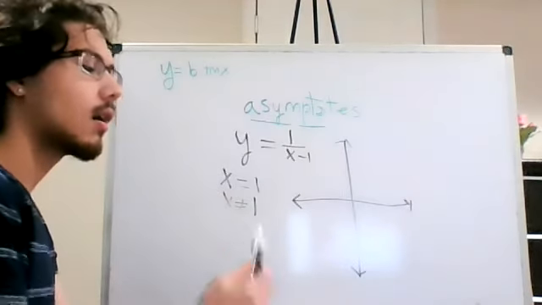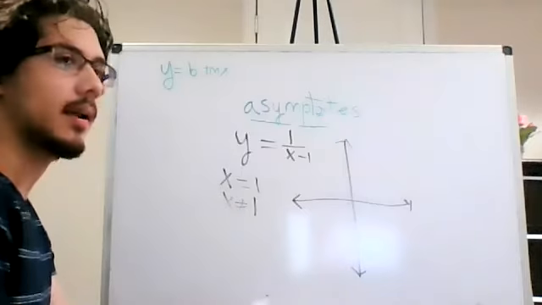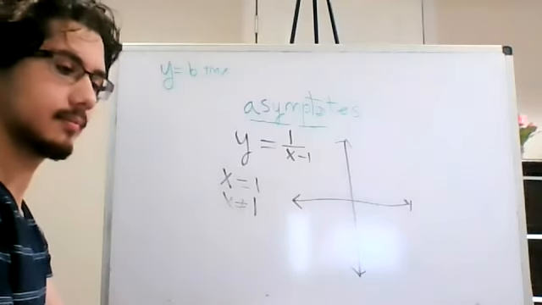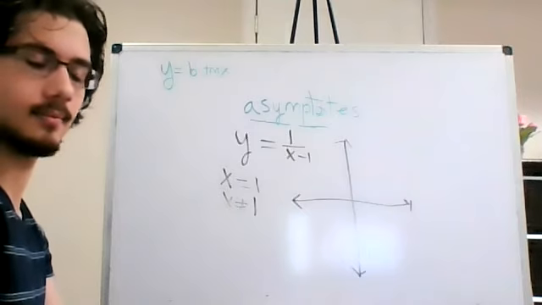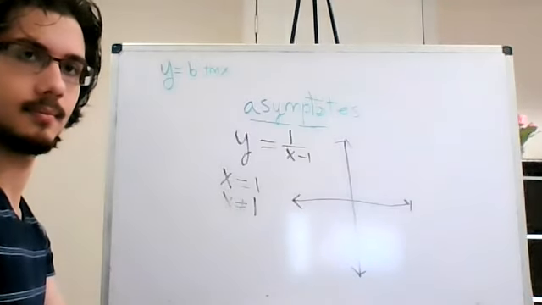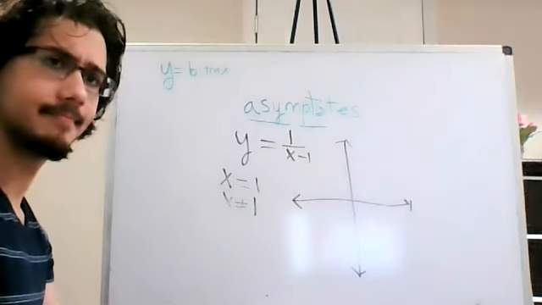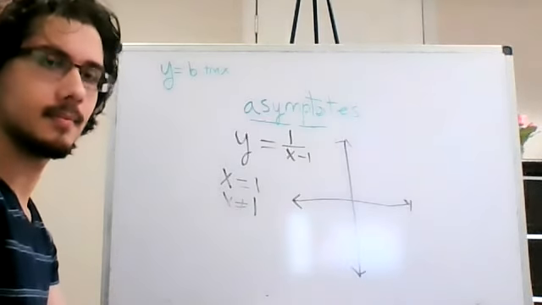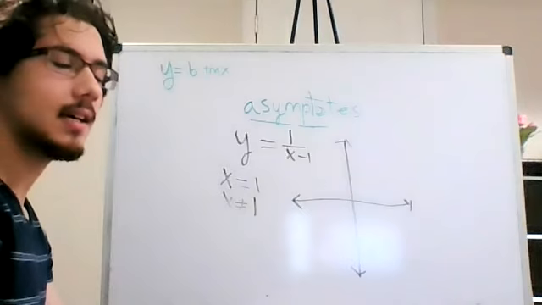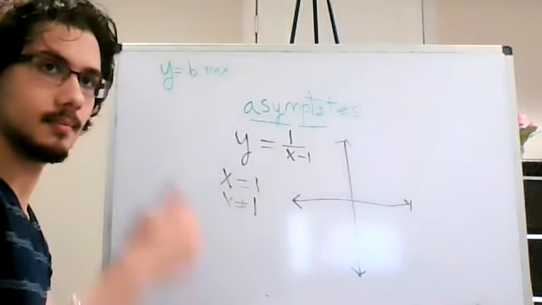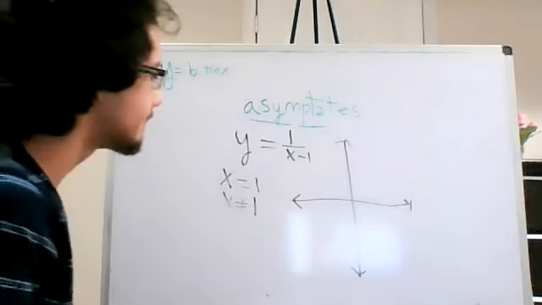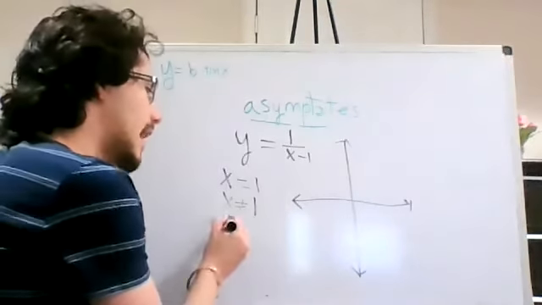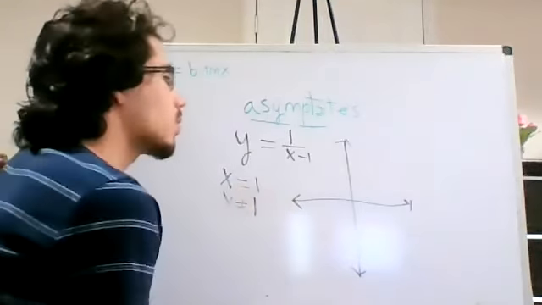Where on the graph are all of the points where x is equal to 1? Can you still hear me? Yes, sir. Okay. Do you have any idea? No, sir. That's fine. So we know that there will be an asymptote wherever x is equal to 1.